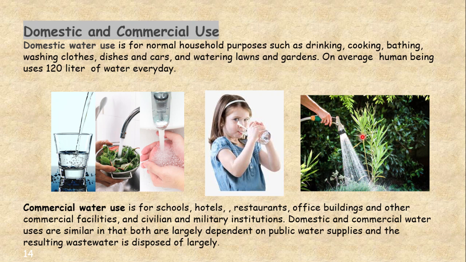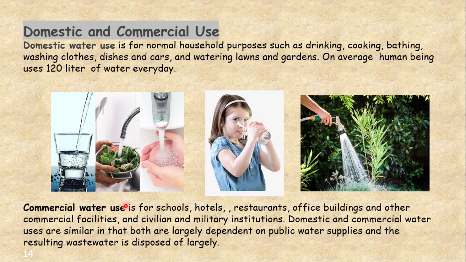So, in all these activities, whether it is washing, drinking, or using in the kitchen, we consume a lot of water. On average, a human being uses 120 liters of water every day. That is the use of water in homes.